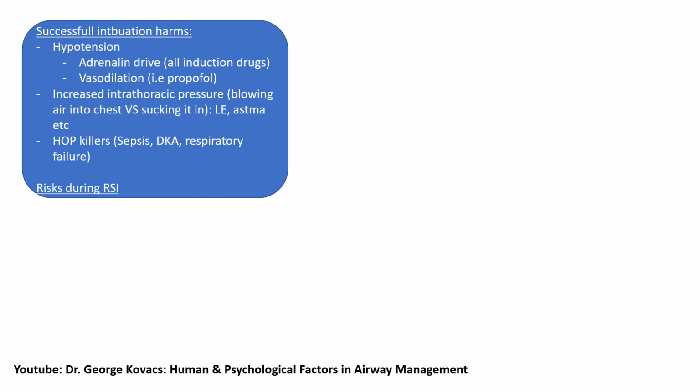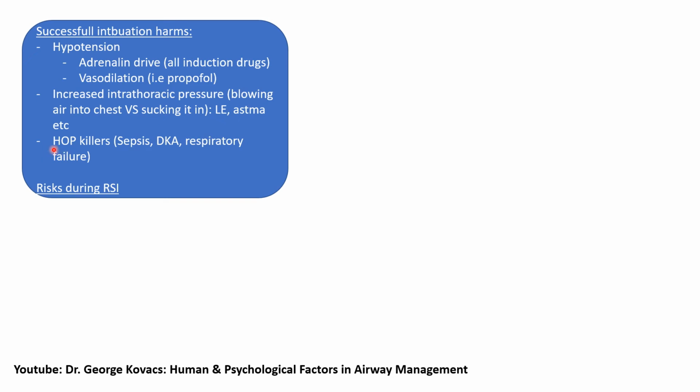That's the positive airway pressure thing, and when air is being blown into us, that means the intrathoracic pressure is higher. There are a few conditions where one of the main problems is a high intrathoracic pressure, like a big pulmonary embolus or asthma, and these are patients that we really don't want to intubate if we really don't have to. Then there's the thing about HOP killers, which I alluded to.